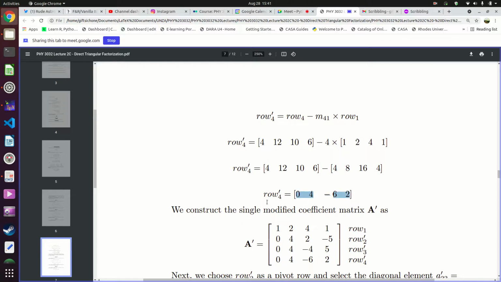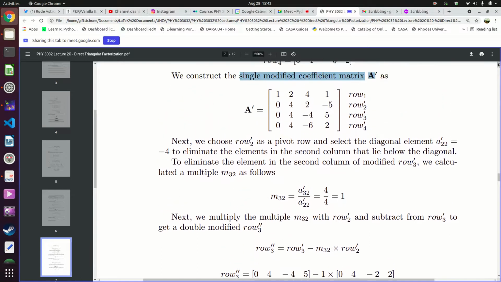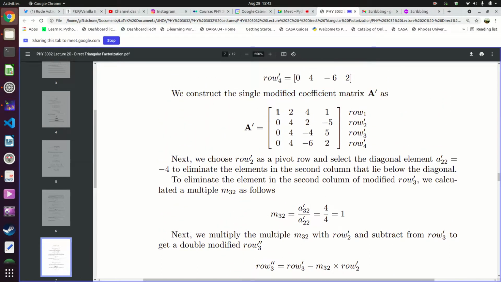So with this, we can now write our singly modified coefficient matrix A as follows. The first row of our matrix remains unchanged. So that's 1, 2, 4, 1. This is for row number 1.